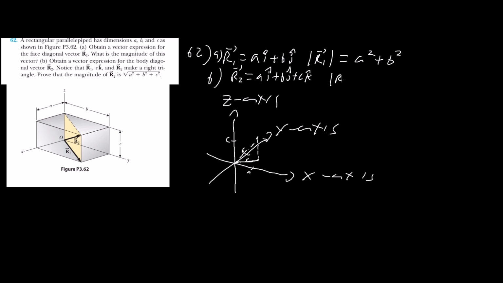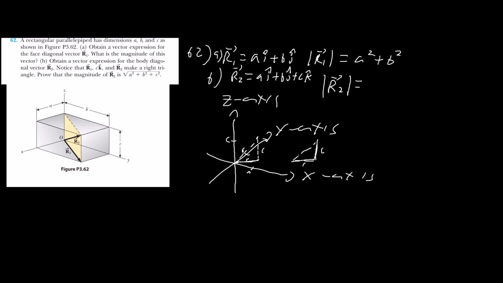And the magnitude of R2 is going to be this, folks. This would be R1 squared, and then C squared, which is going to be pointing straight upward.